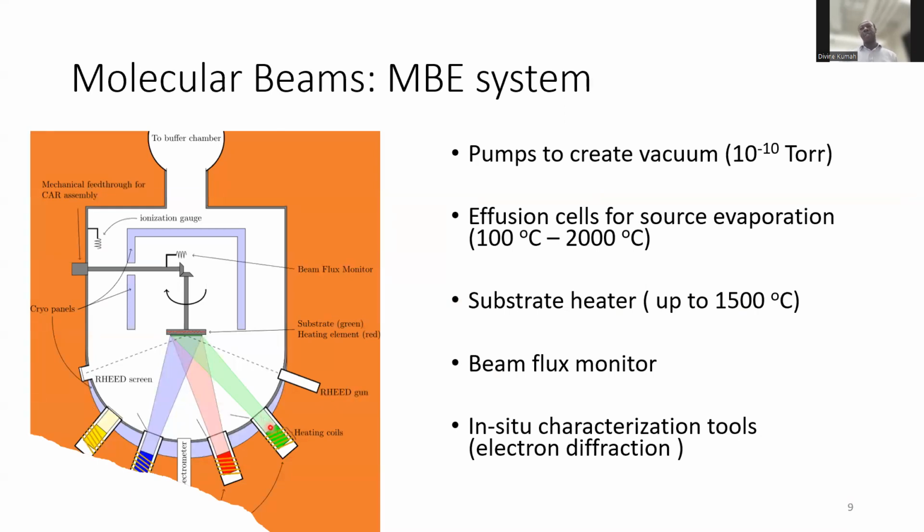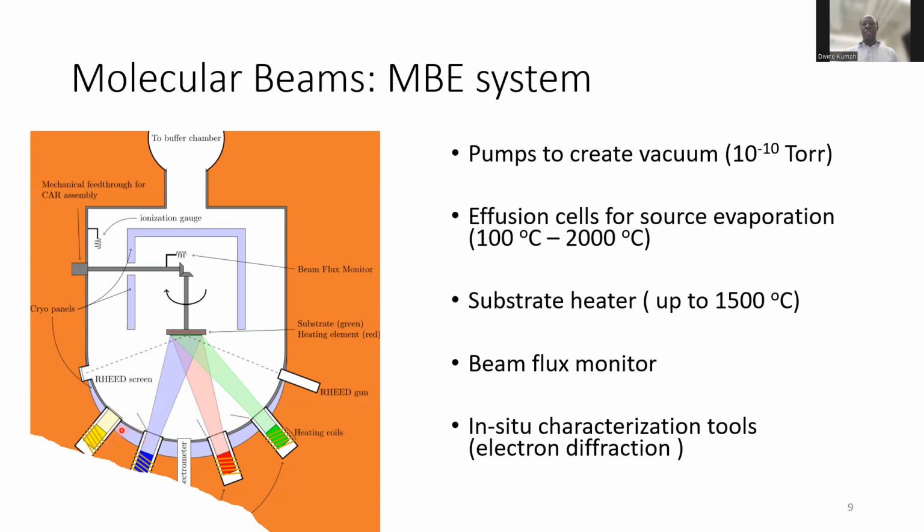And so you could have, for example, titanium, manganese, strontium, bismuth, for instance. And the way the system works is that you are going to heat up the source materials in these effusion cells, anywhere from a few hundred degrees centigrade up to 2000 degrees centigrade. And you are going to be heating up these materials to a temperature which will cause the metal or whatever source material you have in there to evaporate and form a molecular beam.